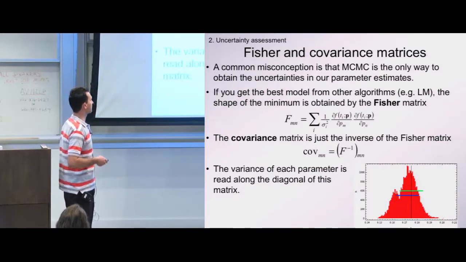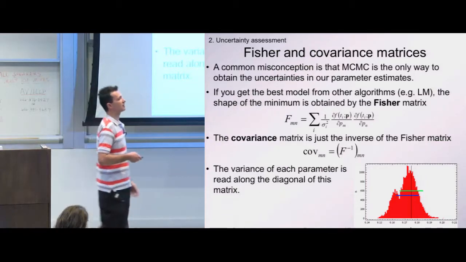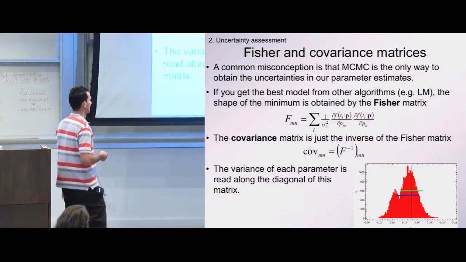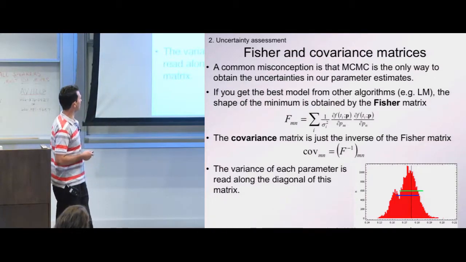For example, in one of these probability distributions, the confidence interval from the Markov chain is in blue, and in green is the result from the Fisher matrix. You see that they are very, very similar after all. So in the end, since we are just estimating the uncertainty, this is fine.